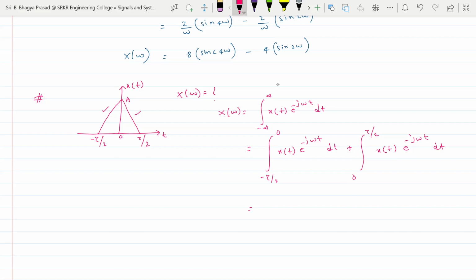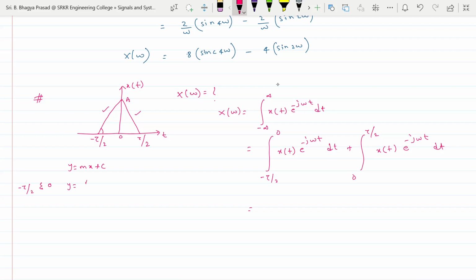So in the duration of minus tau by 2 to 0, the line equation is, you can perform like y equals m x plus c. Between minus tau by 2 and 0, the slope you can find out like opposite side by adjacent side.